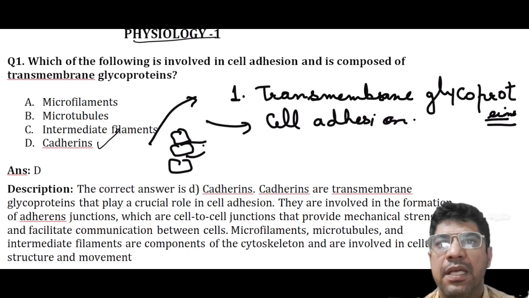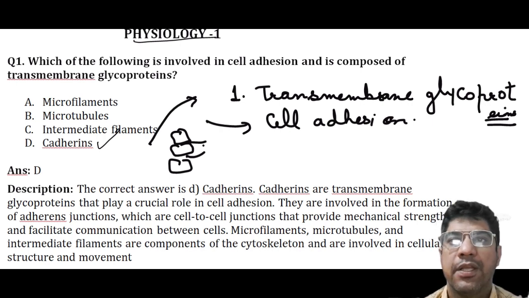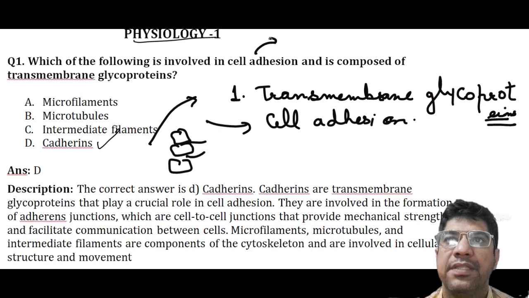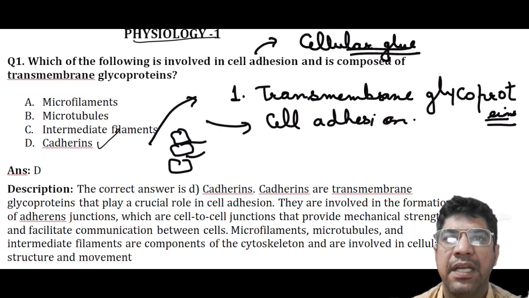Similarly, in your skin, cadherins help skin cells stick tightly to each other so that your skin does not fall apart. Cadherins are basically the cellular glue that ensures our body cells stick together and work as a team.